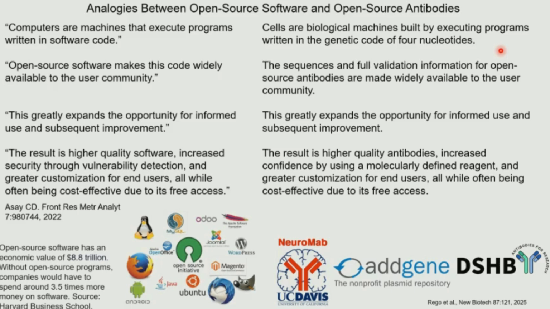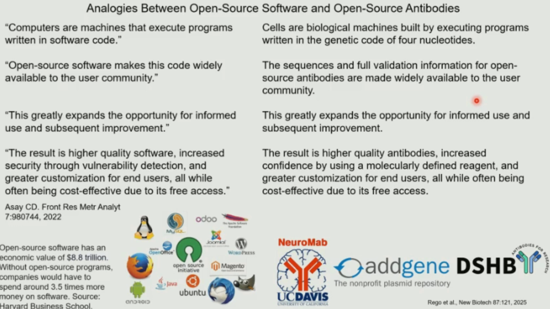Open source software makes this code widely available to the user community, as does making sequences of antibodies and full validation information available. It greatly expands the opportunity for informed use and subsequent improvement of software, as it does for antibodies.